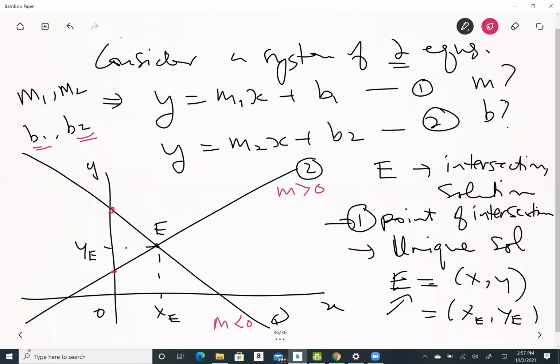Now, can you have the slope both positive? That means if M2, I call it M2, is positive, right? Now, I am asking you now, can M1 also be positive, and you have one solution? Yes or no?